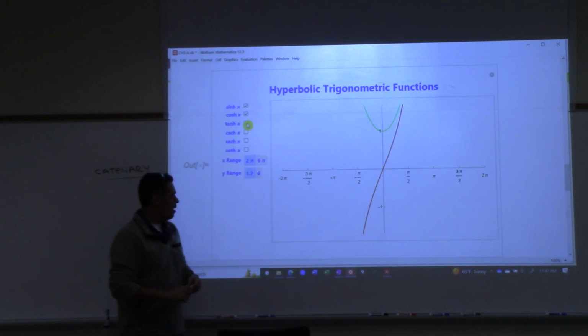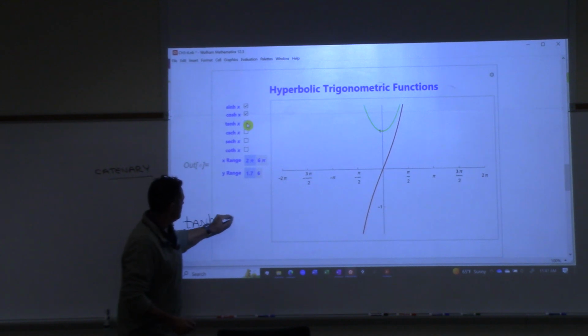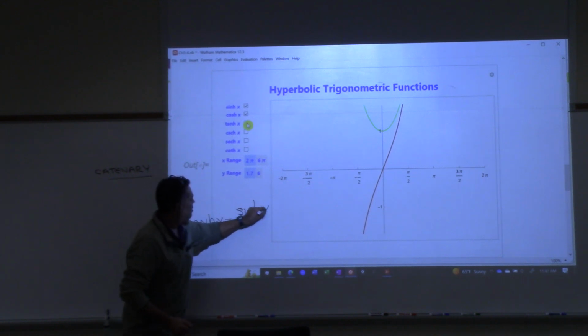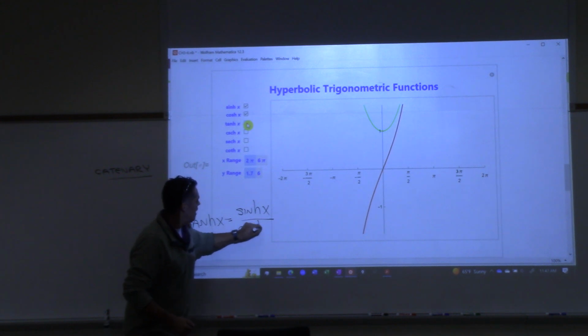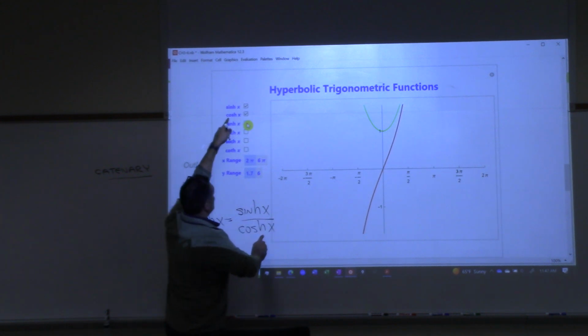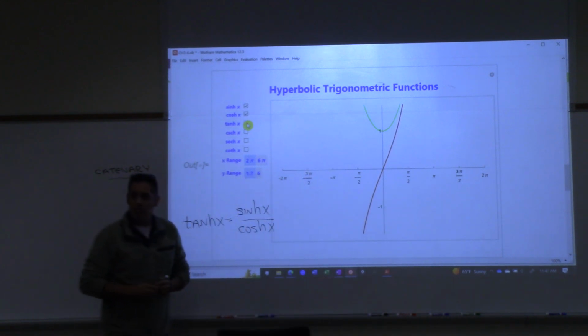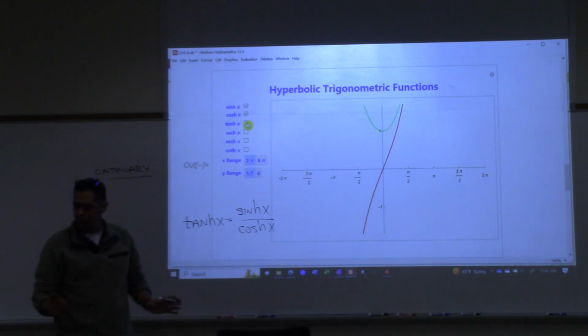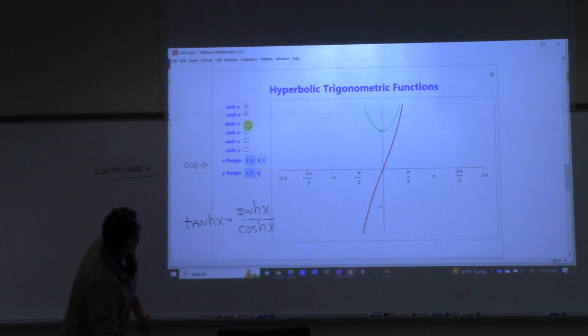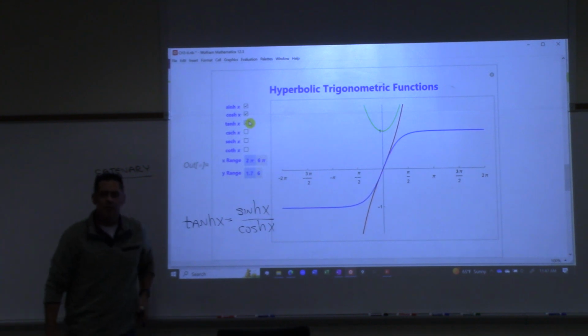Tangent hyperbolic x is sine hyperbolic x over cosine hyperbolic x, and cosine hyperbolic x, the green one, is never 0, so you should never have division by 0. So when I graph this, no vertical asymptotes. There it is. Weird looking, but that's it.